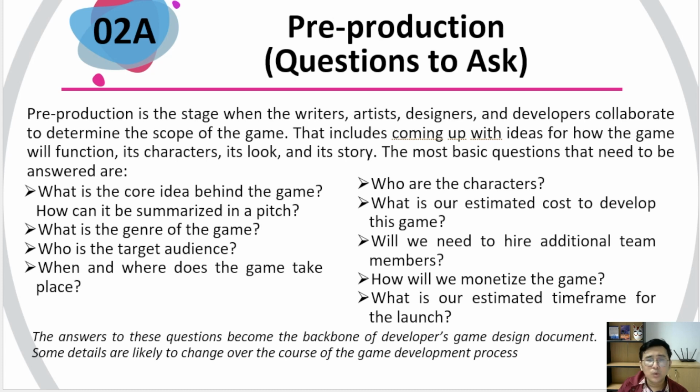We also need to ask and answer the question, who are the characters? It could be something fictional. It could be something about history, because usually in history we don't meet with copyright infringement.